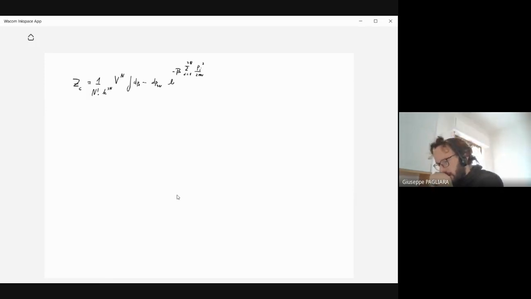Now, clearly, this integral is very easy because this is just the integral dp e to the minus beta p squared divided by 2m from minus infinity to plus infinity, to the power of 3N.